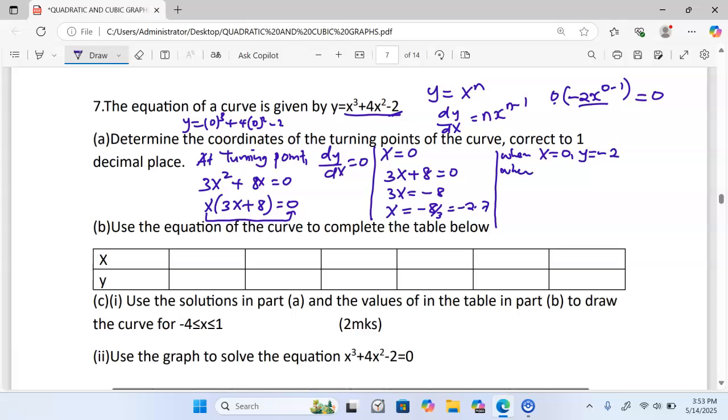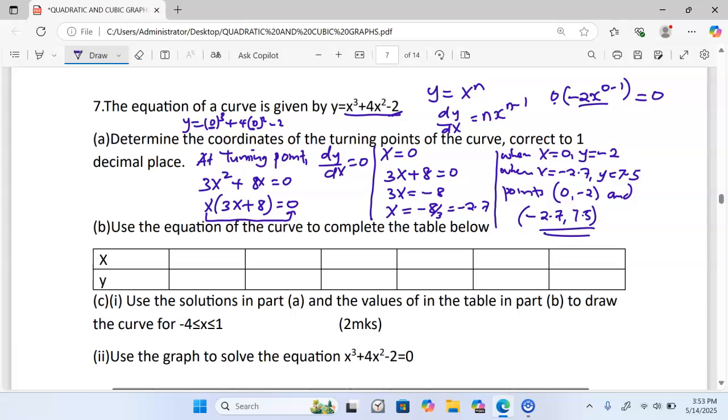And when x is negative 2.7, then the value of y, you bring y and insert it in the brackets, it is going to give us 7.5, and therefore the turning points will be 0, negative 2, and negative 2.7, 7.5.